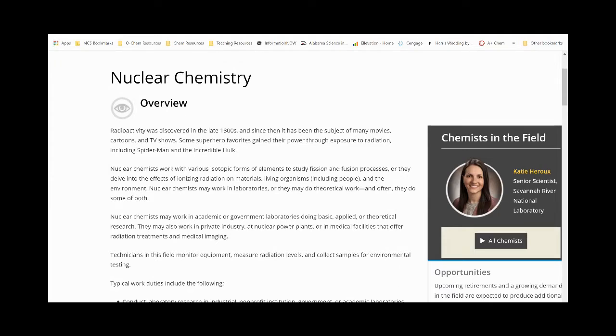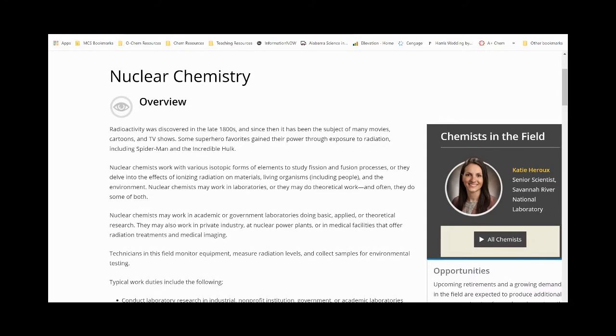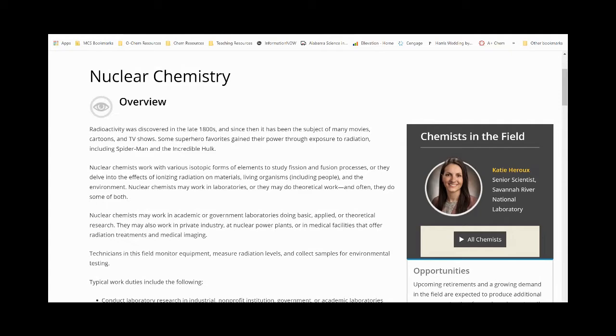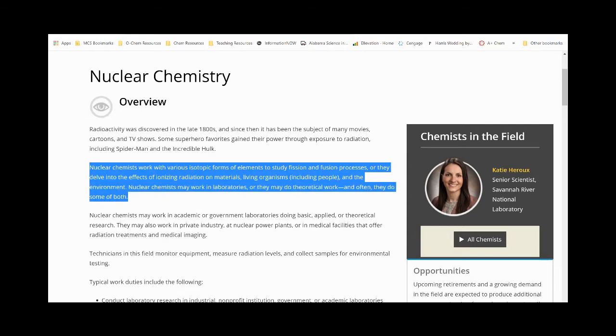All right, so now that I've told you that, let's look specifically at this overview of what a nuclear chemist does. And this helps you get a better feel for how this stuff is applied. And so it starts off talking about radioactivity and how that often comes up in superhero movies and different things. But essentially what nuclear chemists are typically doing is they're looking at different isotopic forms.